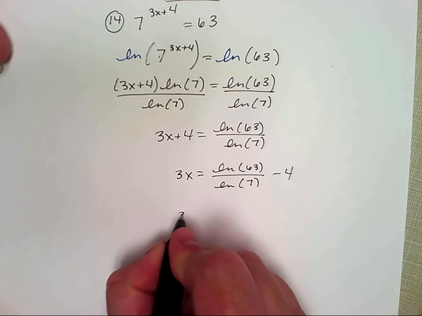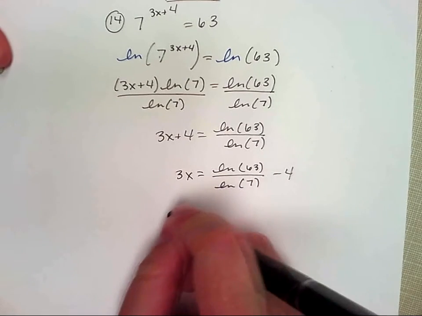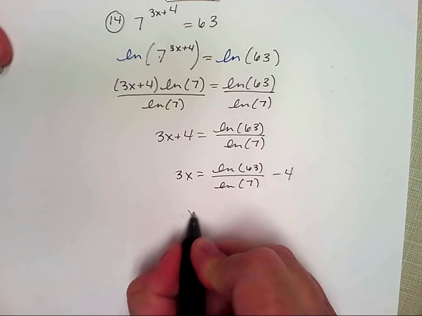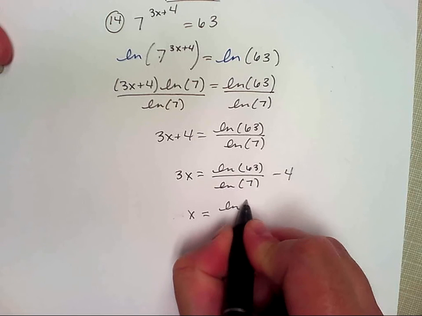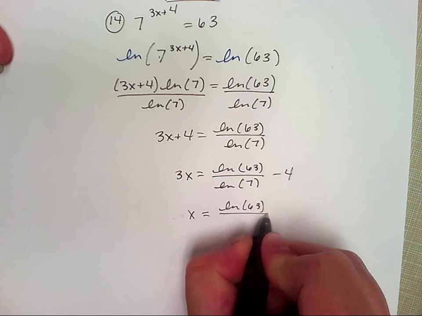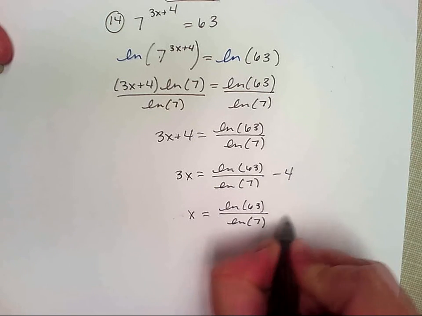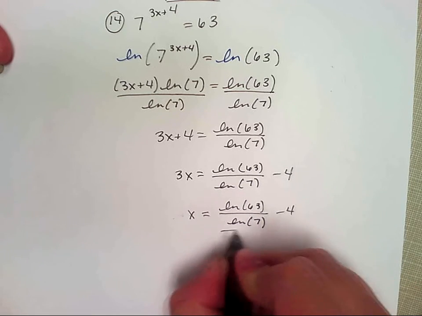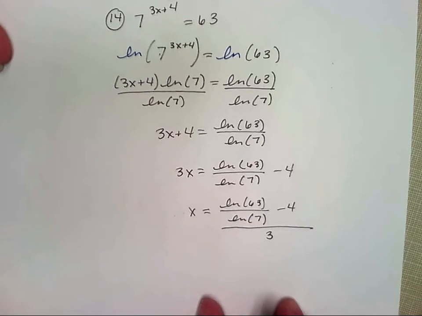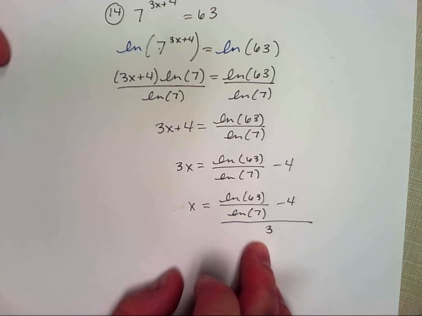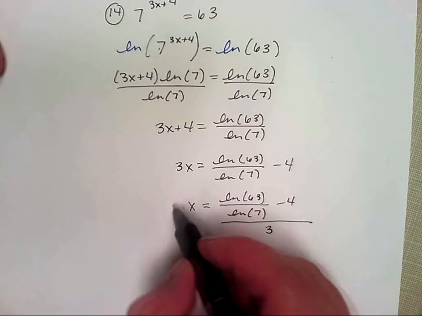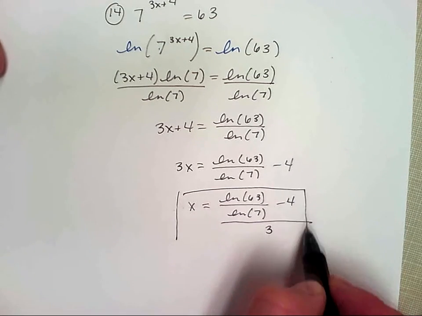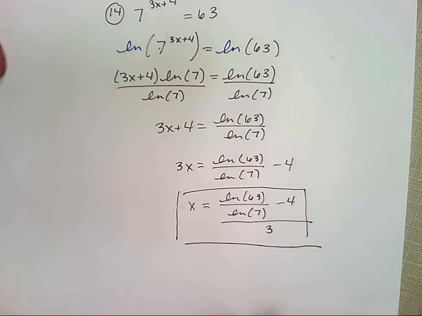I divide both sides by 3. Now you could put it in your calculator if you want to and round. I like the exact answer, even though it's ugly.